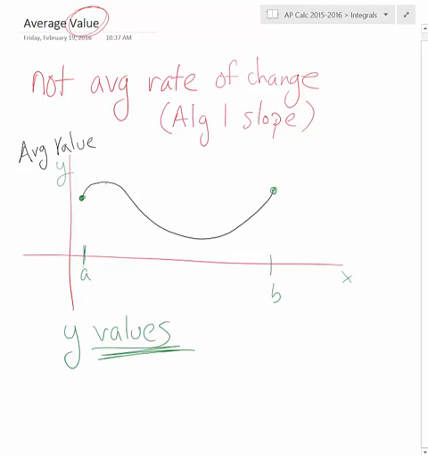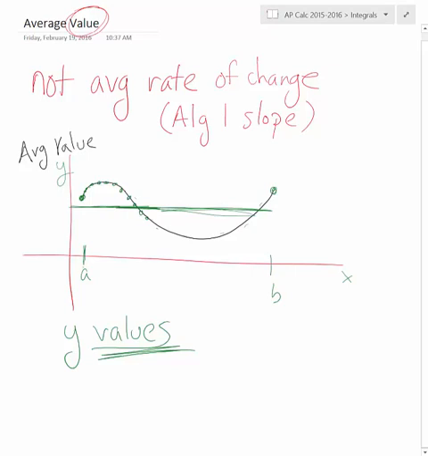We have all of these different y values all along the graph, and if you averaged every single one of them and added them all up, it's kind of like adding up every single one and dividing by almost infinity, which you can't really do by hand, but eventually you'd get some value, maybe somewhere here in the middle, that would be our average y value. That's the average of all of those.